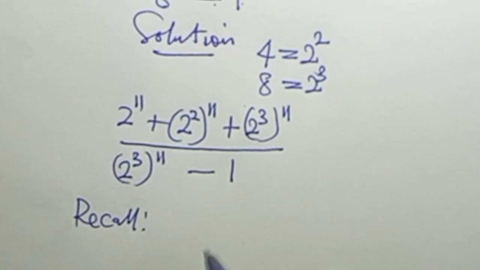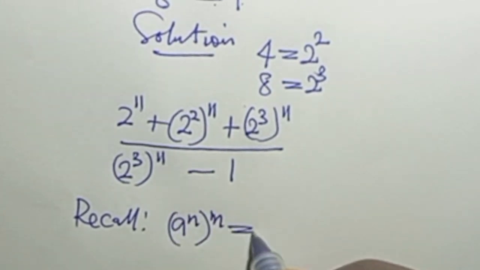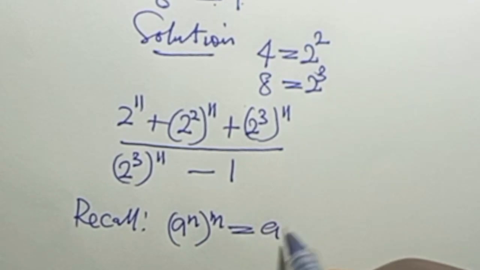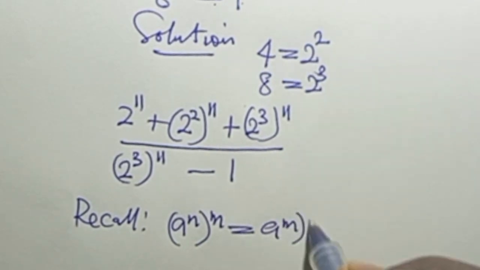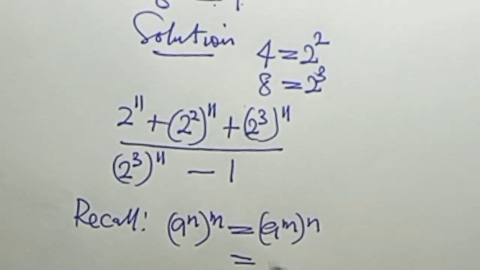Recall that (a^n)^m is equal to (a^m)^n, equal to a^(m times n). So we can move from here to here or from here to here or anywhere around.